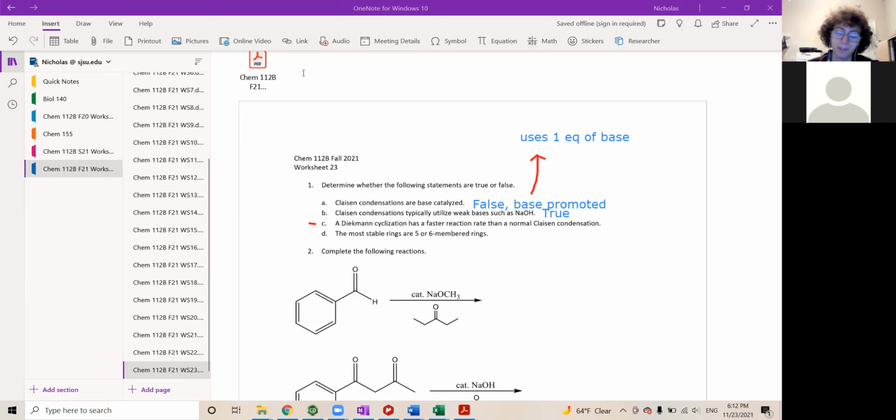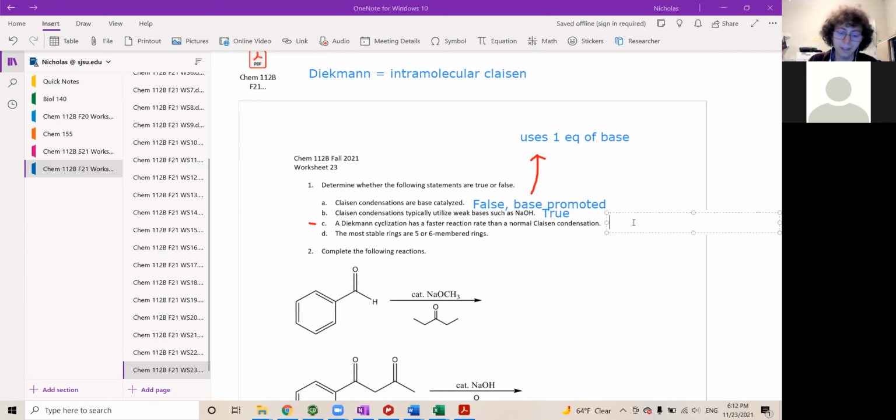I'll go ahead and just tell you guys in case you don't remember or he didn't emphasize it. It's just a fancy way of saying you're doing an intramolecular Claisen reaction. So this is basically saying, is an intramolecular Claisen reaction faster than a normal one or an intermolecular one?